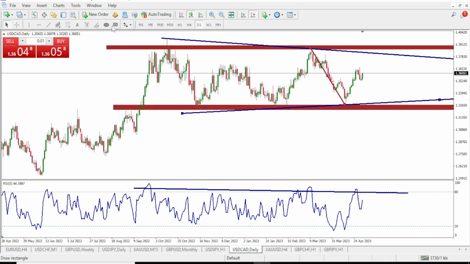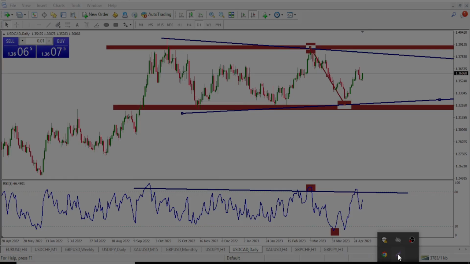In my previous video, you can find the link in the iCard above, I have told you that an impulsive leg is only valid once we get RSI overbought and RSI oversold levels. And just have a look at it. Very, very simple.